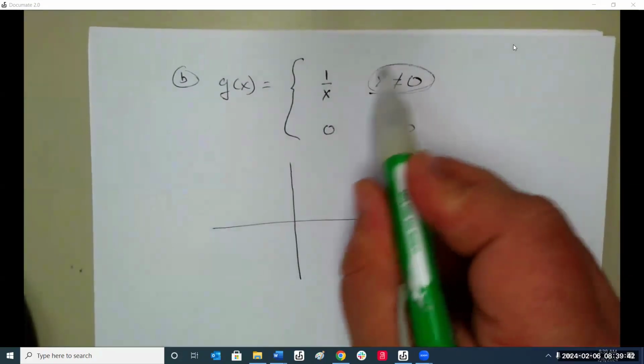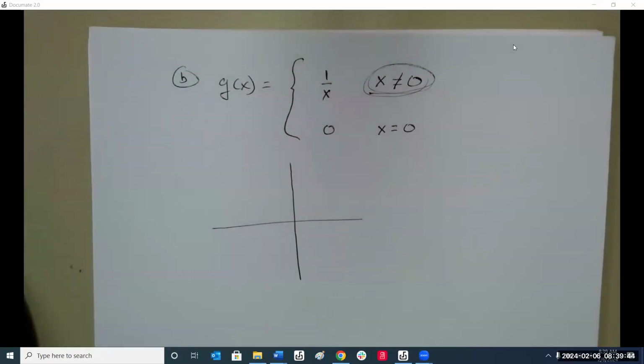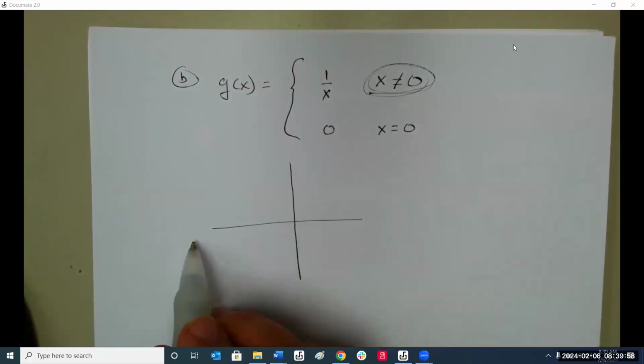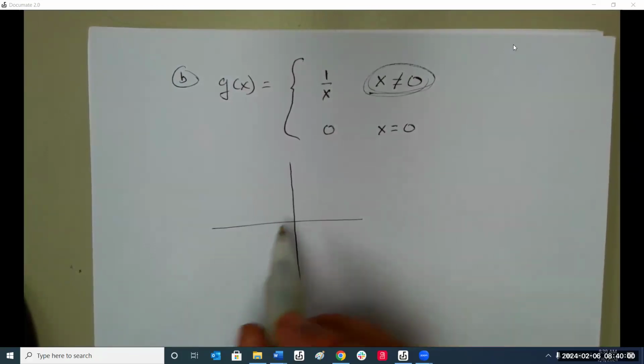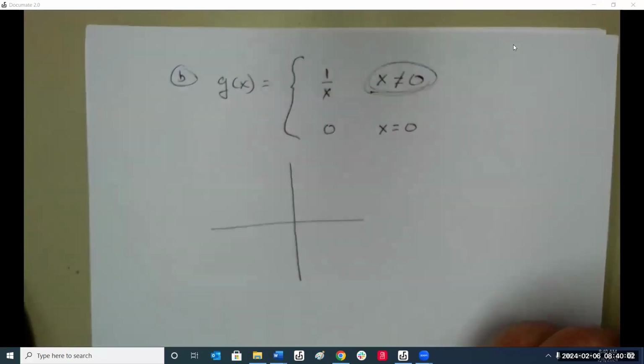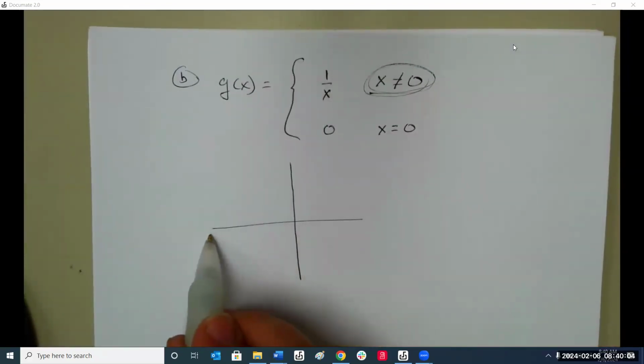What does this mean when x does not equal 0? What x values are we looking at? Everything to the left, everything to the right. So everything to the left, all the negatives, what does that graph look like? That's the negative side.